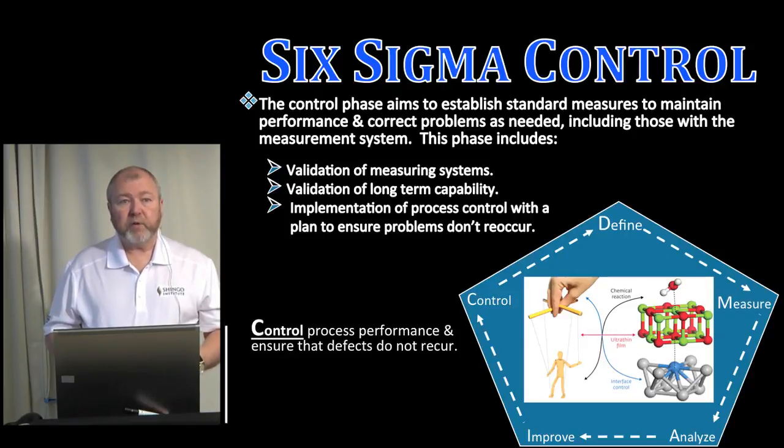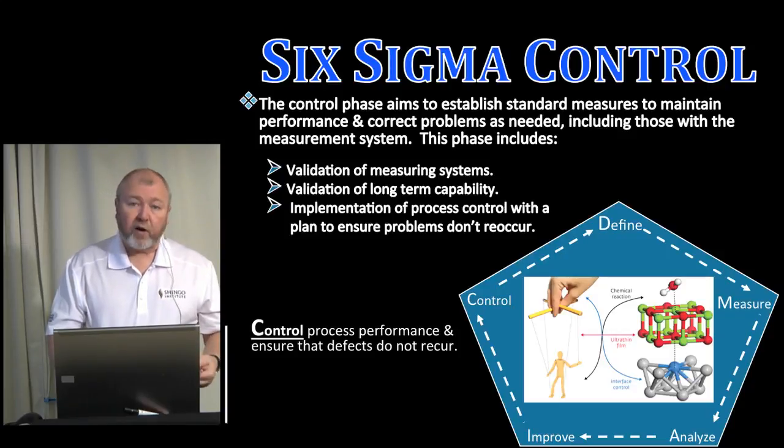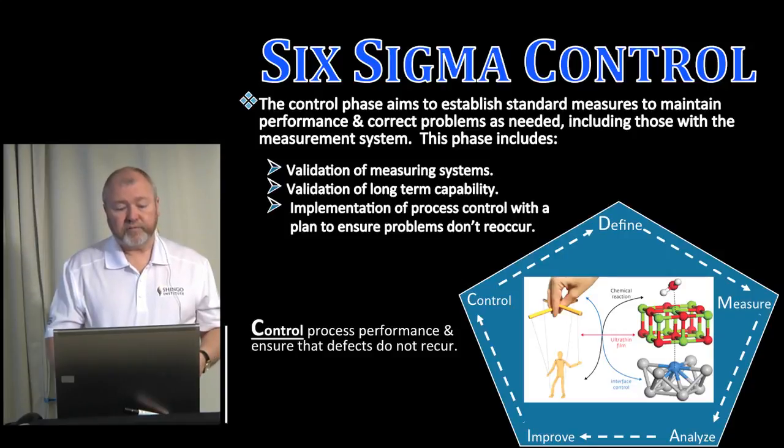So in the past we've done that, but not necessarily with respect to the control variables. Now we're going to be doing those things with respect to the control variables. And then we implement our process control plan so that we can ensure that in the long term we don't have recurrence of whatever problems we've experienced in the past. Or if we experience recurrence, it is at a far lower rate, or a far lower frequency, or far lower severity when it does occur.